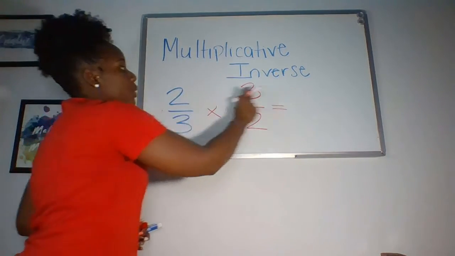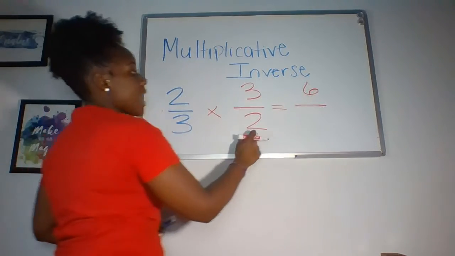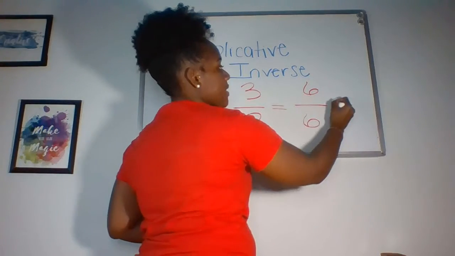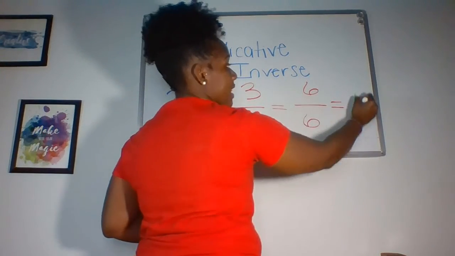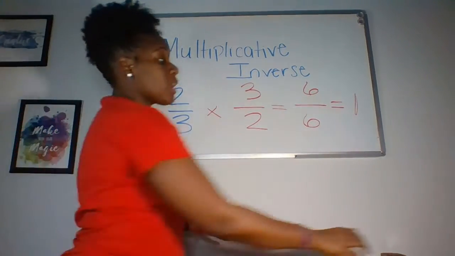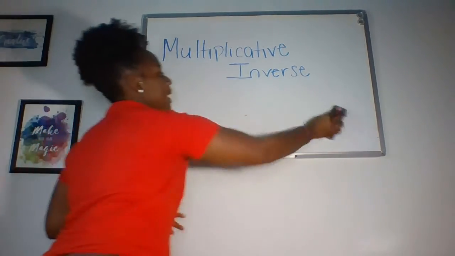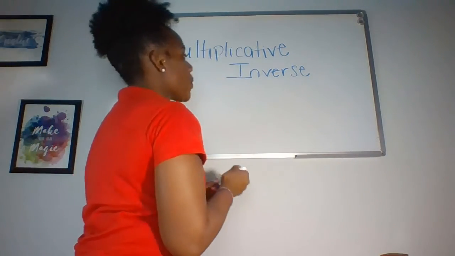So here we have 2 times 3 is 6. Then we have 3 times 2, which is also 6. 6 divided by 6 is equal to 1 whole. So whenever they say multiply by the multiplicative inverse, that just means take the opposite and multiply it by each other, right? So we'll do one more example.